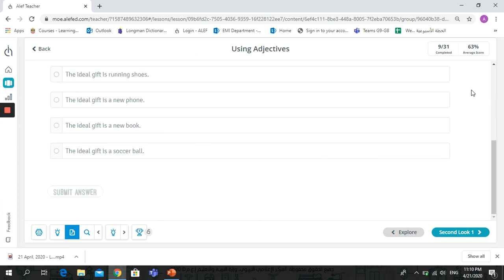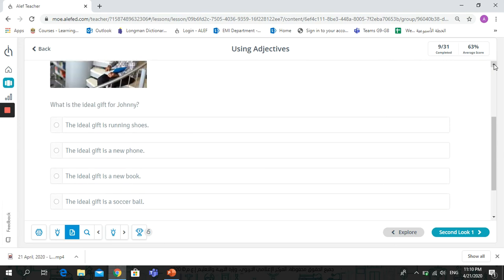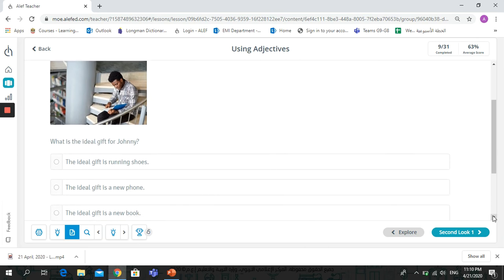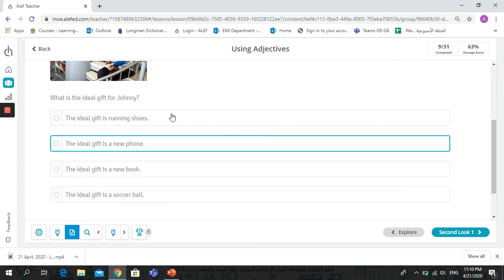Question number 6. Look at question number 6 carefully and try to guess what is the best answer. Question number 6 says, Johnny doesn't like to play sports. So look at Johnny. He doesn't like to play sports. He's doing something different. He loves to read. What is the ideal gift for Johnny?